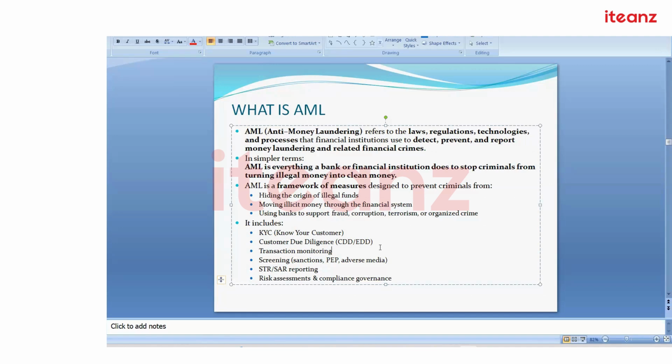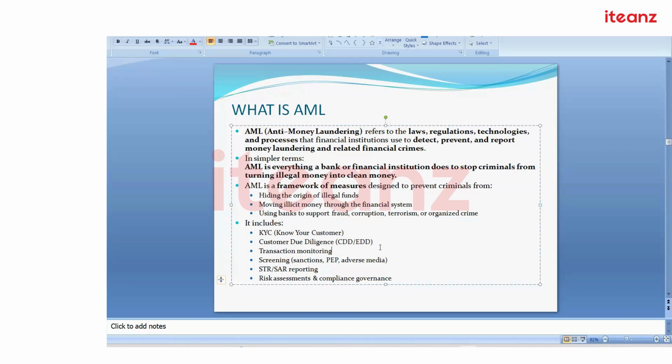Mark RBA. In that you have the scoring models. Based on the customer risk, there are certain algorithms which will be used, and then alerts will be generated for monitoring.